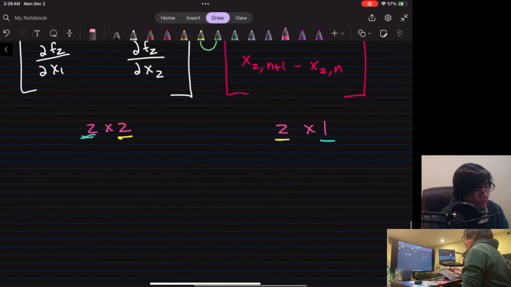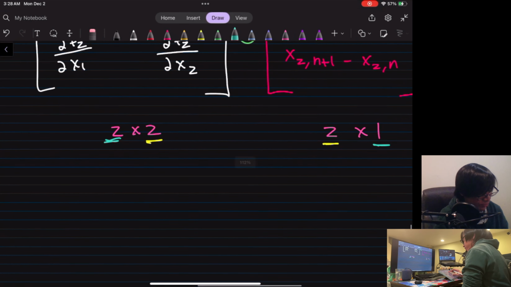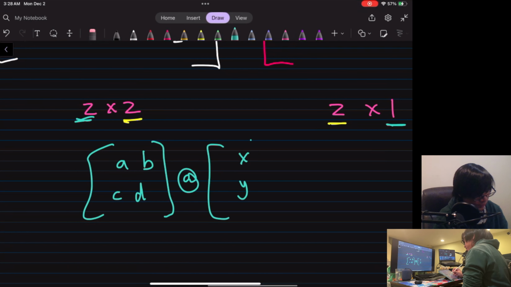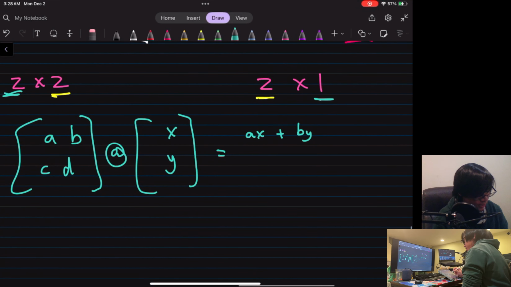The main thing I was trying to say earlier: this is a 2 by 2 matrix multiplied by a 2 by 1, maybe x and y. You'd have a dot product in the first row, ax plus by, and then cx plus dy in the second row. So this is our 2 by 1.